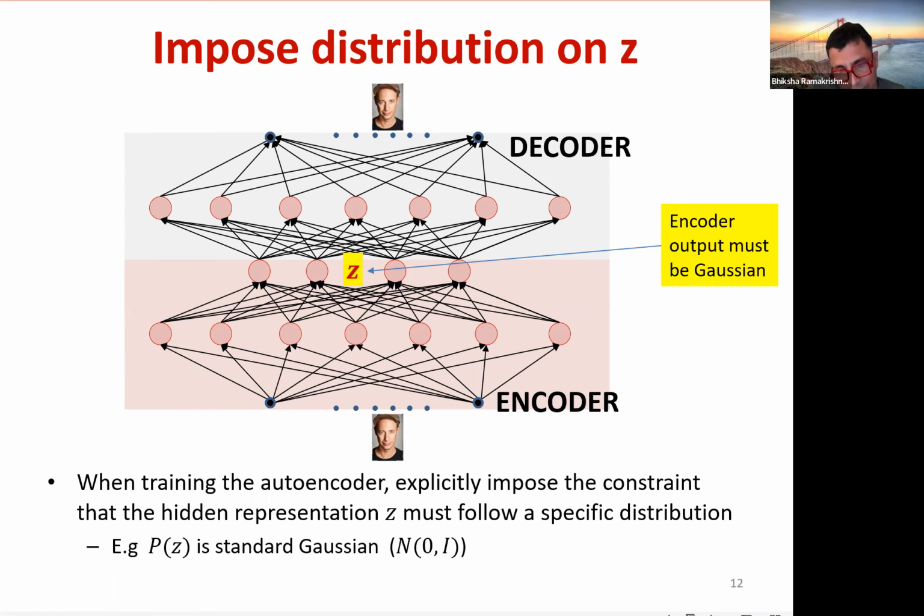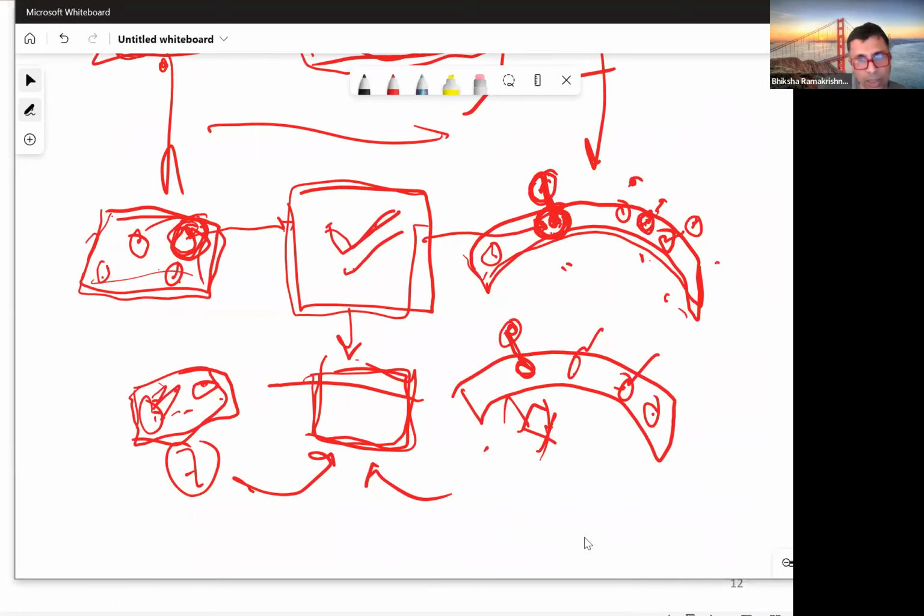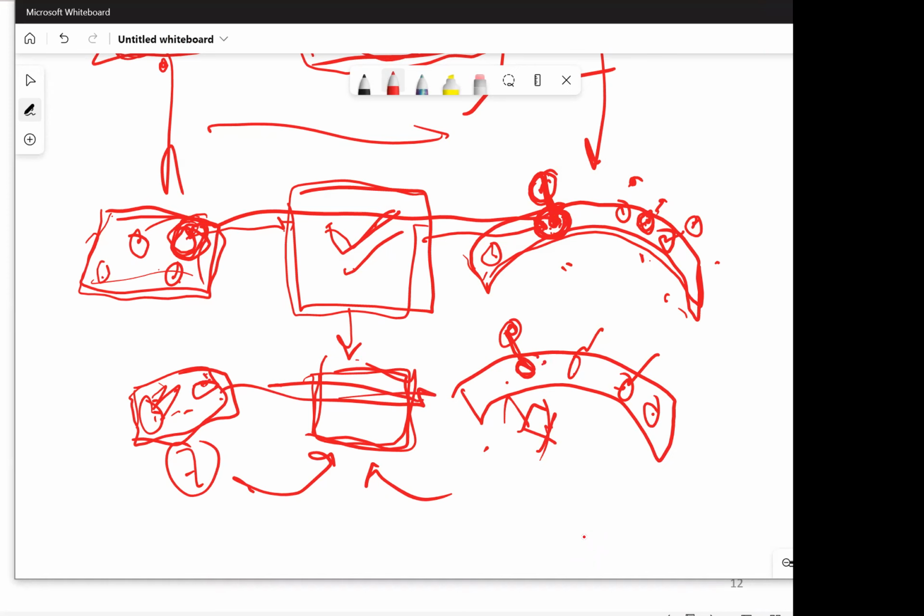Remember, I had to go back and get the z's, and then use these z's and x's to figure out how to go from z to x, whatever I'm calling them.